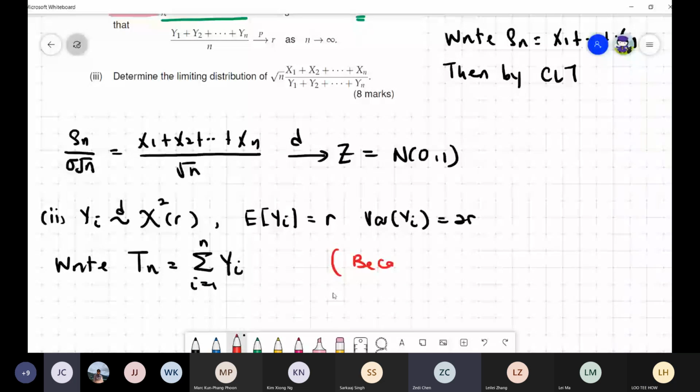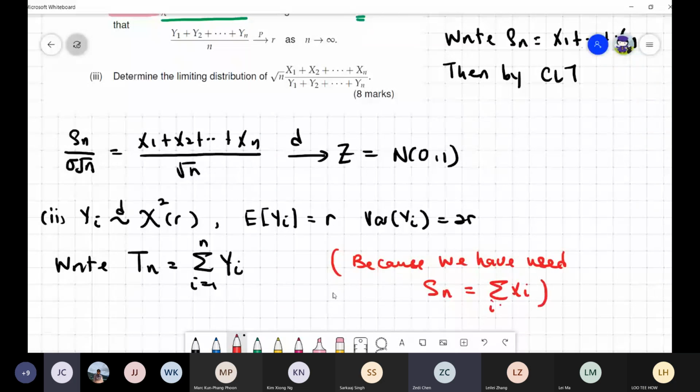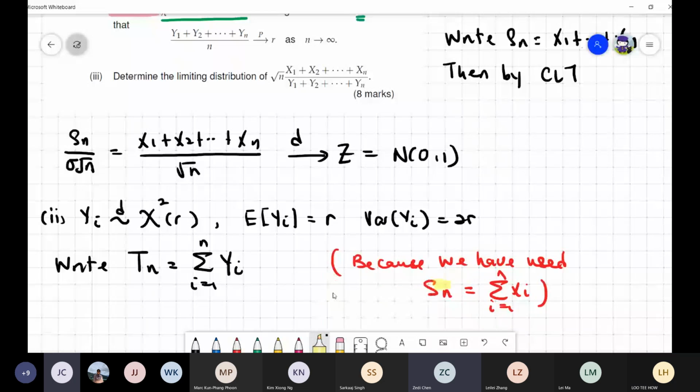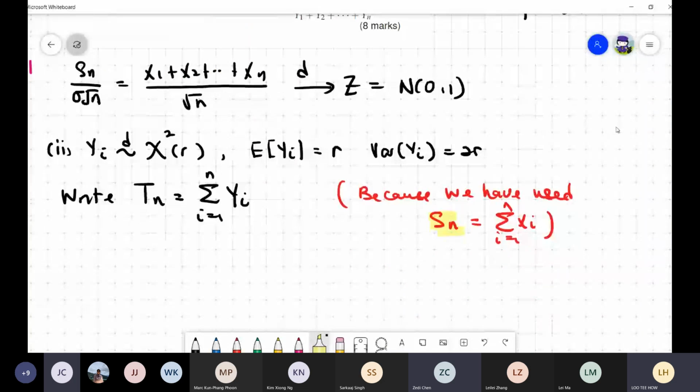Because we have used Sn to be the summation of Xi, in this case we better not repeat the symbol. Sn has been applied for Xi, so we take Tn instead of Sn. However, we can use the same formula, right? So we write Tn to be this.